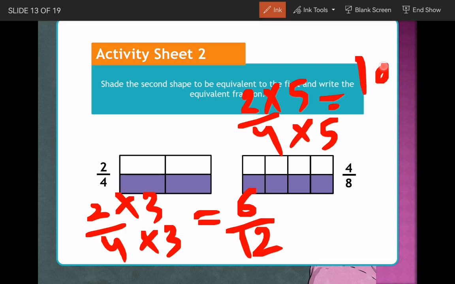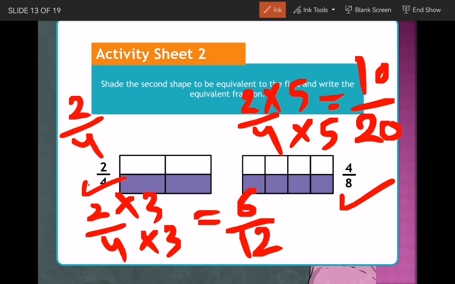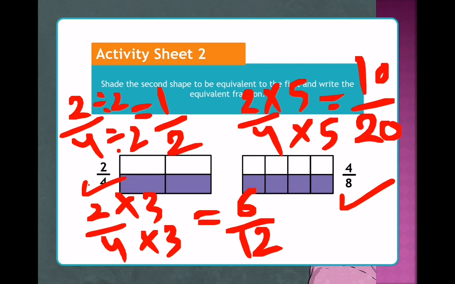This will be 10 over 20, which is also equivalent to 4 over 8, equivalent to 2 over 4. So what if I want to use division, not multiplication? Divide by 2, it will be half. So half is also equivalent to 2 over 4, equivalent to 6 over 12, equivalent to 4 over 8, and so on.